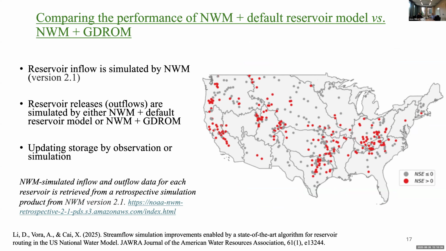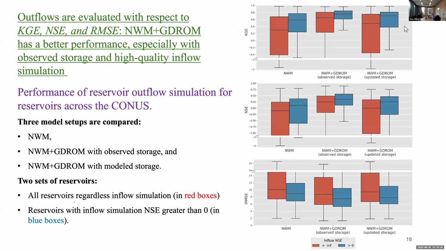All right, so now let's look at the results. Here we have three things. We have the existing National Water Model, and we show the KGE. We did this assessment on two groups. One is that we include all flows, so we don't differentiate NSE positive or negative.